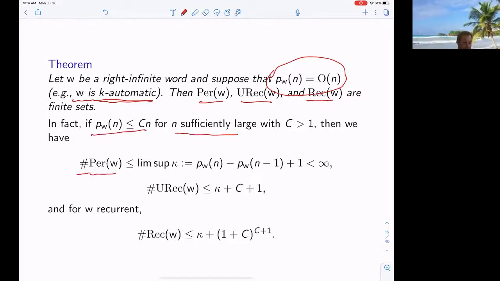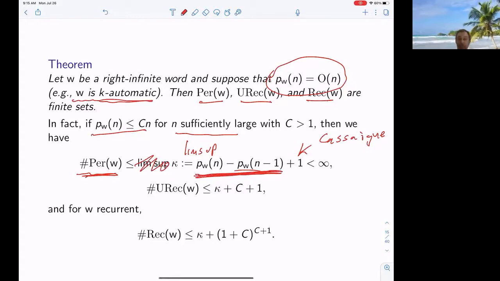So first, the set of periodic factors of W is less than this number kappa, which is going to be the limsup of all differences. Now, a theorem of Cassaigne shows that if you have a word of linear factor complexity, its set of differences is uniformly bounded. So whatever this limsup is, it's some number kappa less than infinity. And so that's the bound we get.